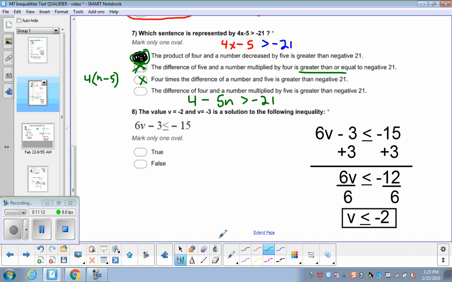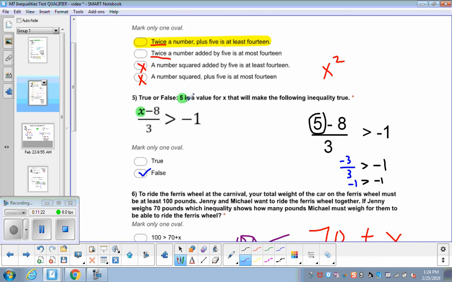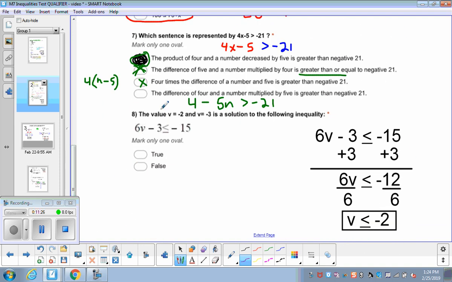All right, for this one, I'm going to recommend that you actually just take the time to solve it. If it was only one of these numbers, you can just plug it in. Like up here, if it just asks for one value, just plug that one value in. But down here, since it's asking for 2 of them, let's go ahead and solve. So when we solve 6b minus 3 is less than or equal to negative 15, we add 3 on both sides to cancel out the constant.